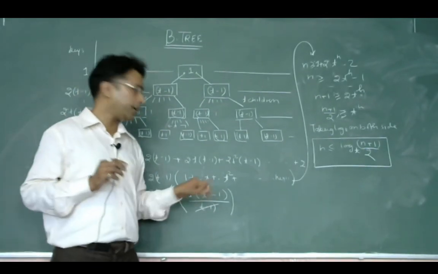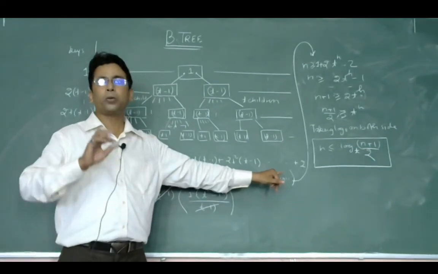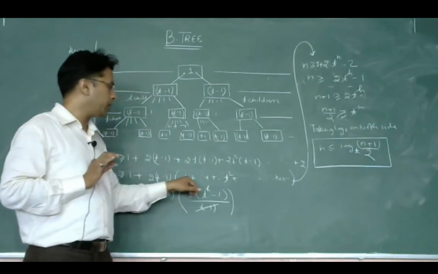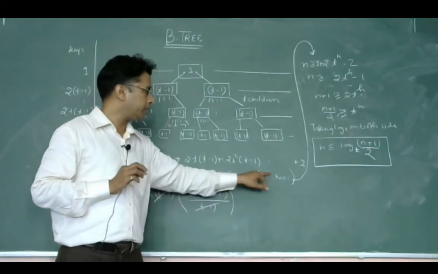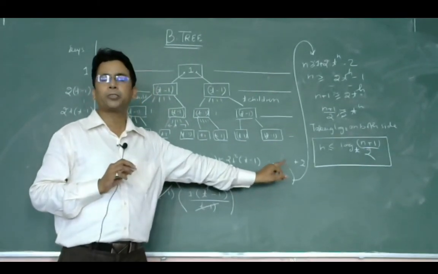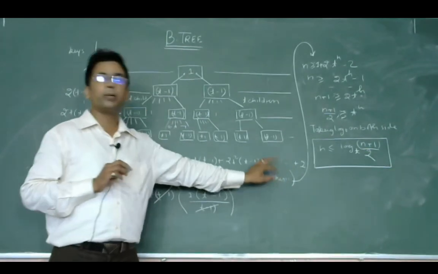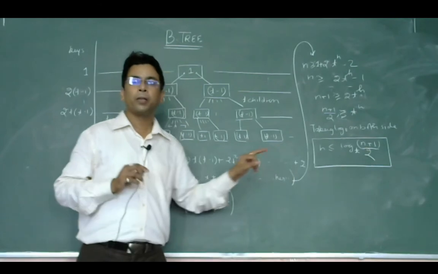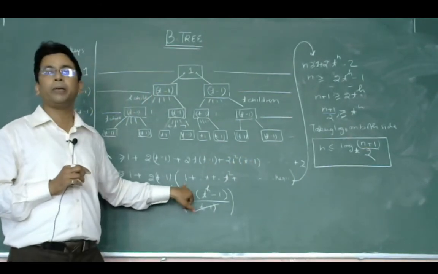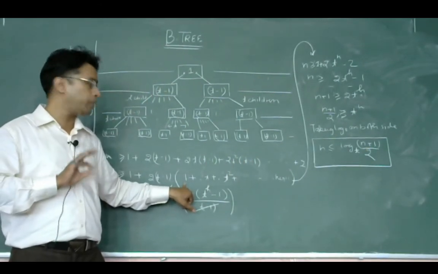There are n elements and there are total h terms. We can say that there are total 1, t, t raised to the power 2, and the last element would be t raised to the power h minus 1. There may be a doubt in your mind that the last term is t raised to the power h minus 1, but 1 is also an element and it can be considered as t raised to the power 0.